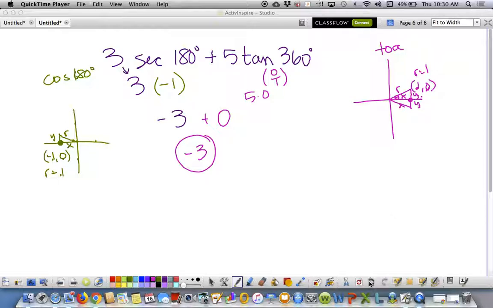Because y is 0, there's not a triangle really there. That's the issue. You're trying to see something that does not exist. It's flat. Is that why it equals 0? Yes, that's why. Your y is 0. I'm just drawing a triangle so you can see that it's y over x. The triangle does not exist on quadrantal angles. It's a flat line.